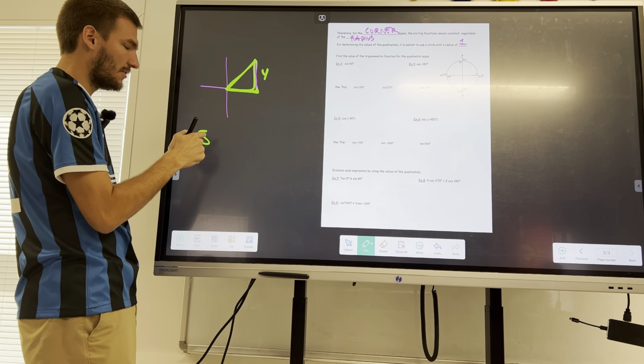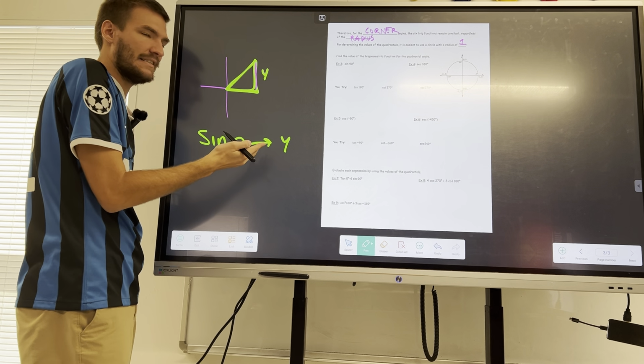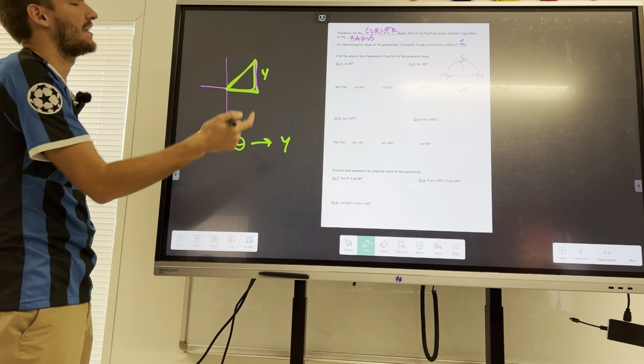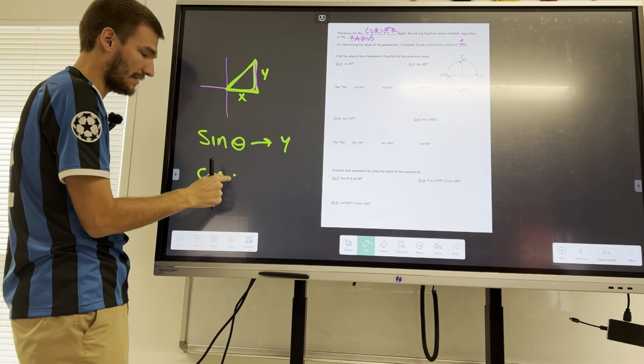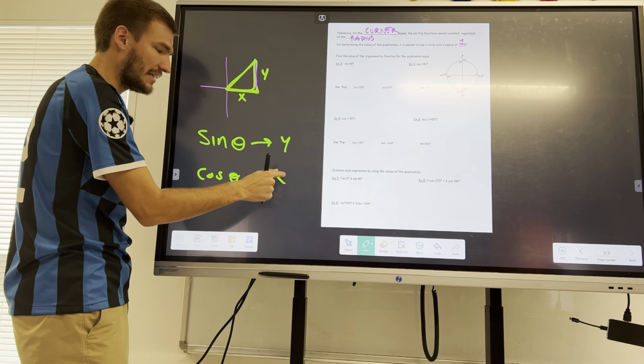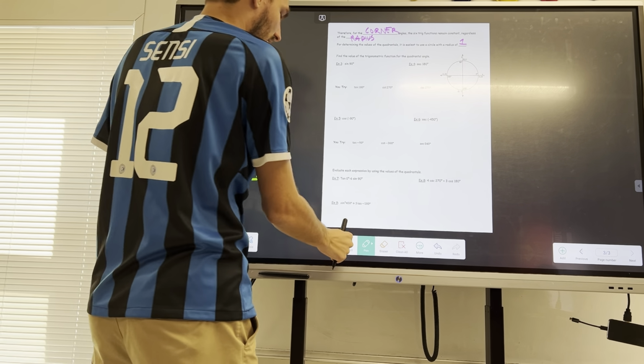So basically we have this thing where sine theta is affected by the y. The x is affected by the cosine, because for cosine we need the adjacent. So now, let's look at our thing here.